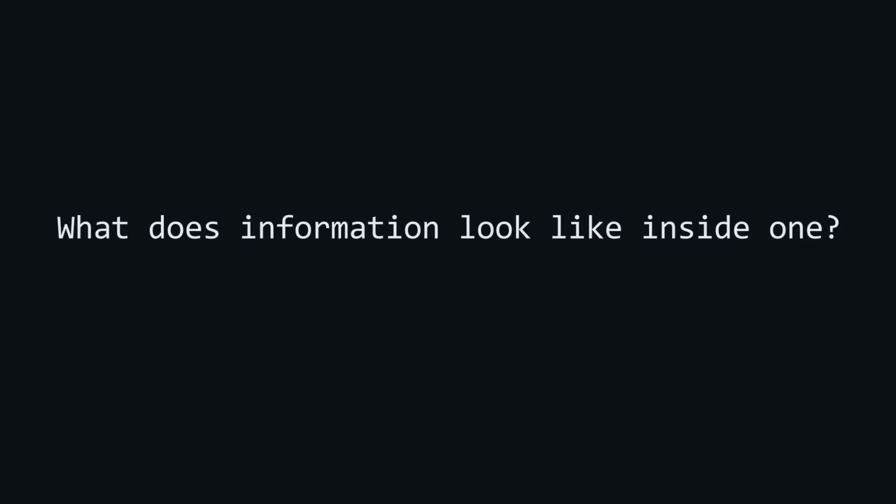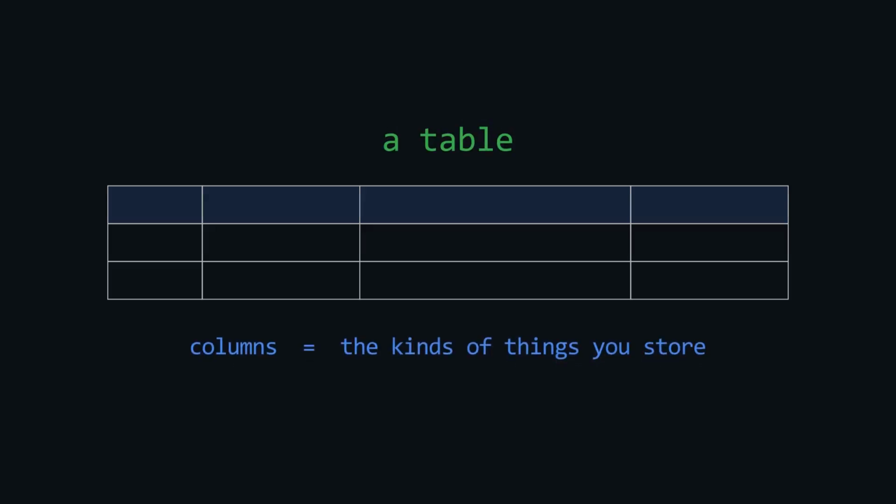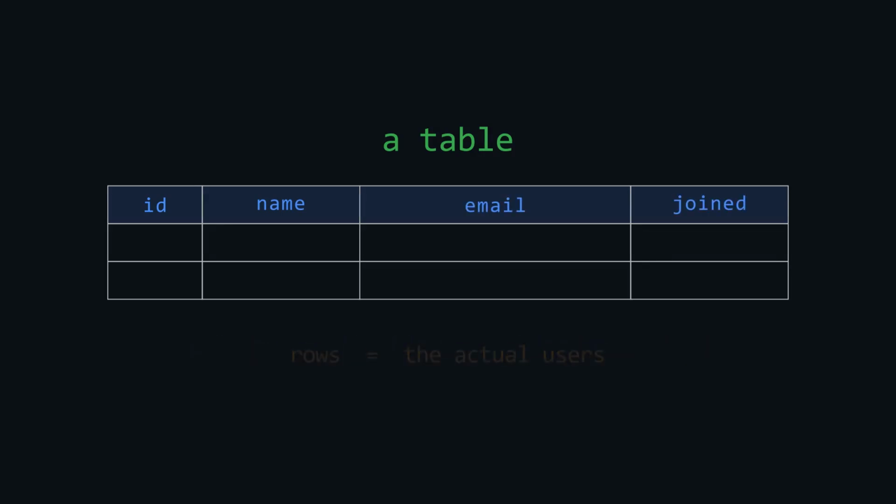So what does information look like inside one? In the most common kind of database, it looks like a spreadsheet. A table has columns, the kinds of things you are storing. For users, an ID, a name, an email, a join date, and rows.